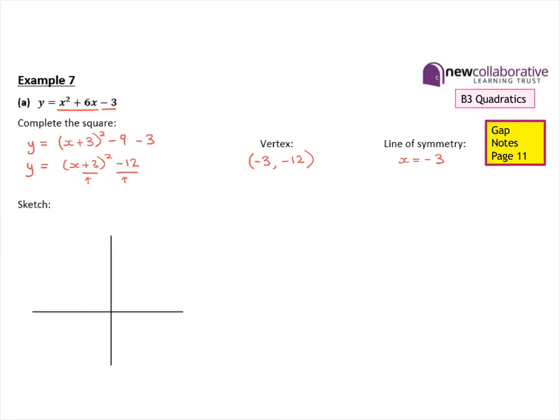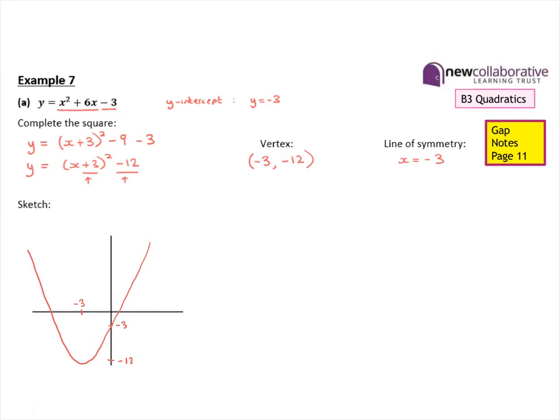We can also see fairly quickly from the original form of the equation that the y-intercept of the graph is y equals negative 3. So putting that all together on a sketch gives us a picture of our graph with all the important information on.